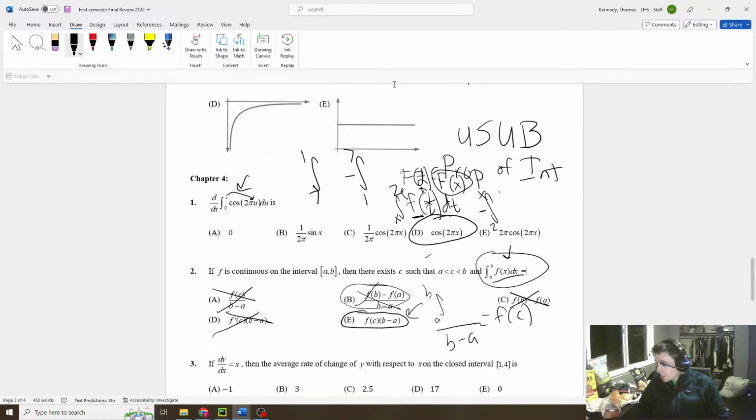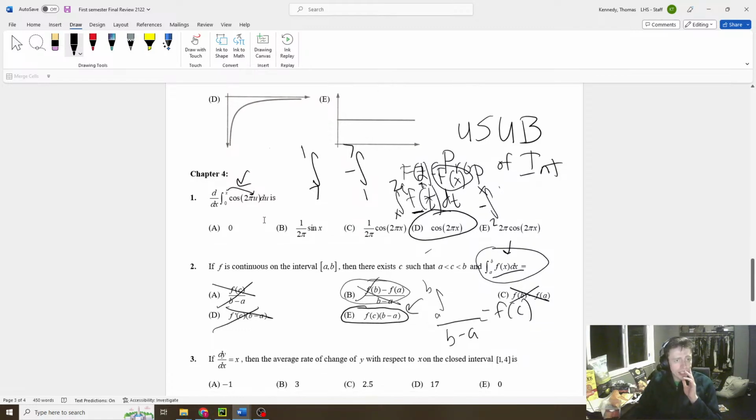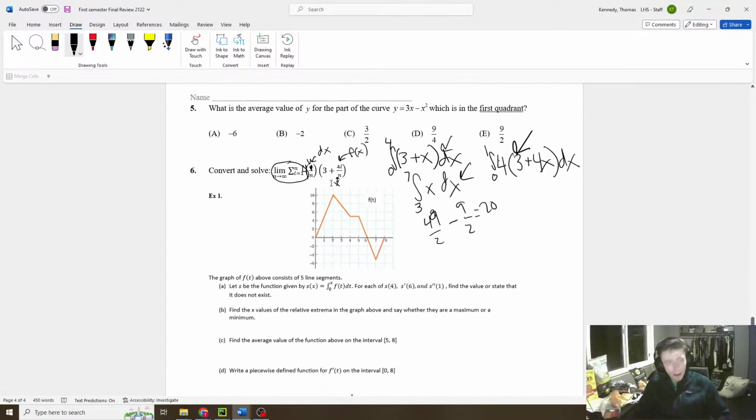So width over n is dx. If I go back to that question, 4 over n is dx in that question. For this one and this one, 4 over n is dx. The way we generally write these is the limit as n approaches infinity of the sum from i equals 1 to n of f of x in here, but it's really like f of i, because this inside ends up being x.